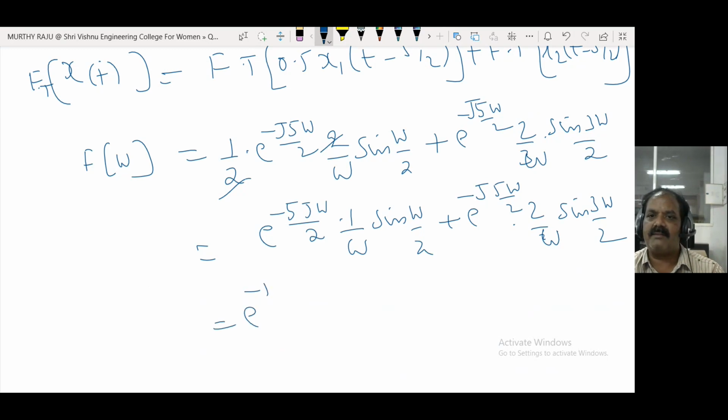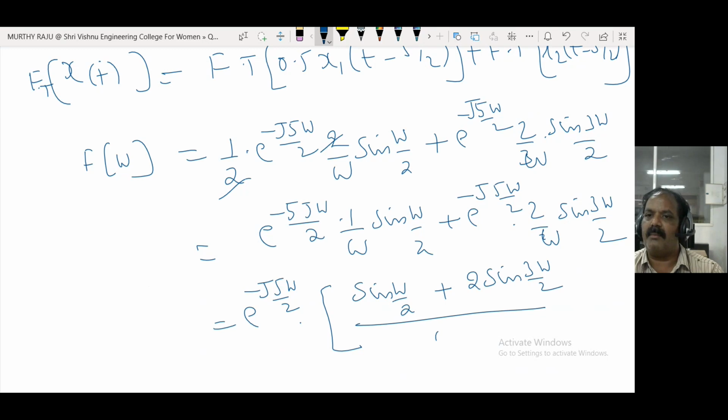Here e power minus j 5 omega by 2 is a common term, giving sine omega by 2 plus 2 sine 3 omega by 2, all divided by omega. This is the Fourier transform of x of t.